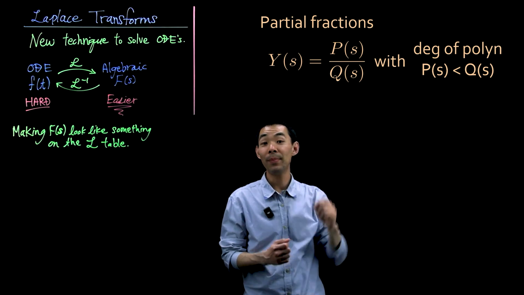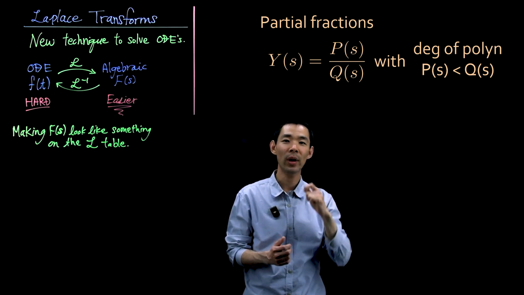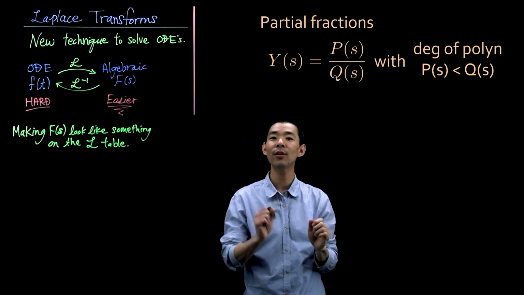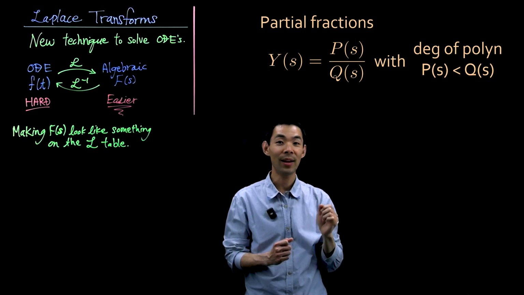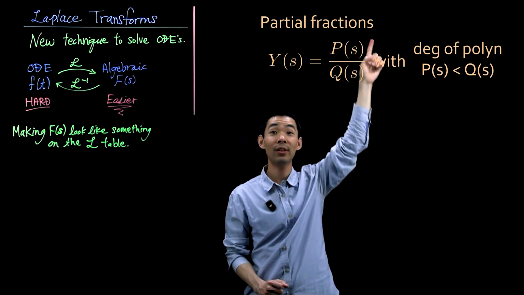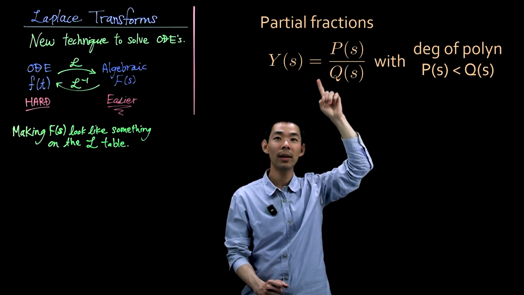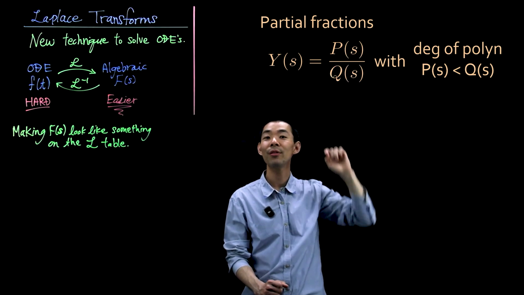Just giving out some examples. P of s up here might be a quadratic, might be s squared and s, so quadratic and linear terms on the numerator. The denominator might have a cubic term, s cubed, right? So in that case, the numerator will have a degree of polynomial equal to 2, the denominator will be 3.